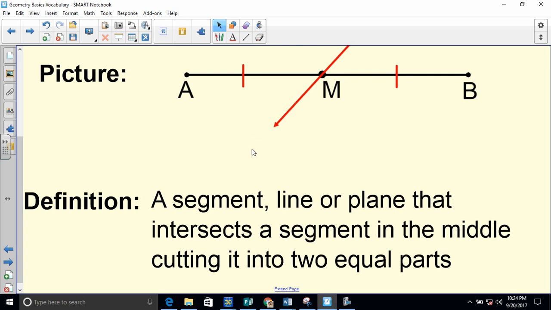And so if a line or a segment or a plane cuts that segment in half, that is called a segment bisector. And these other red markings here are telling me that segment A to M is equal to the segment from M to B. And this M is the middle, which will come in a couple lessons, and we'll know that that's called the midpoint.